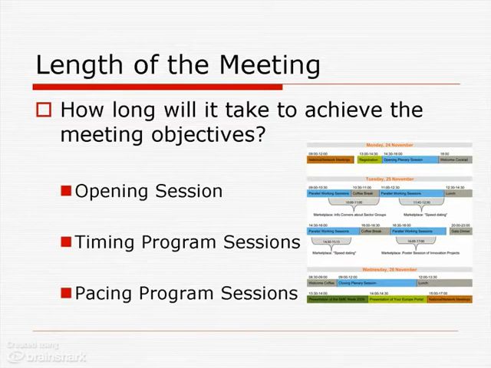So if you're going to have an opening session, what's the length of that? How quickly do you move through your program content? Is the pacing, and the timing may be how much space you have in between your program sessions, the components. So the length of the meeting is important to determine when you're doing your planning.